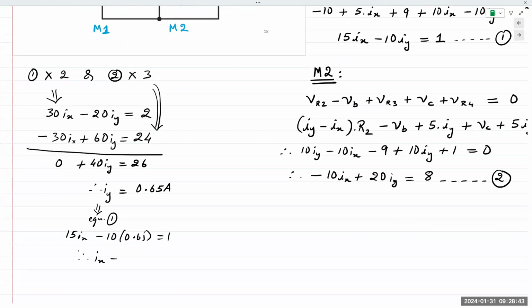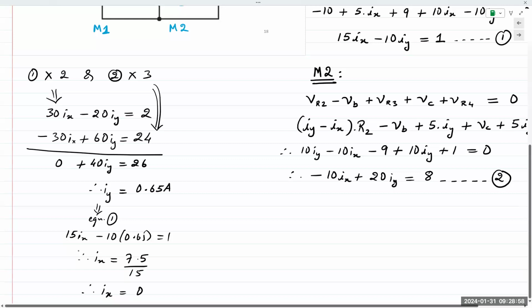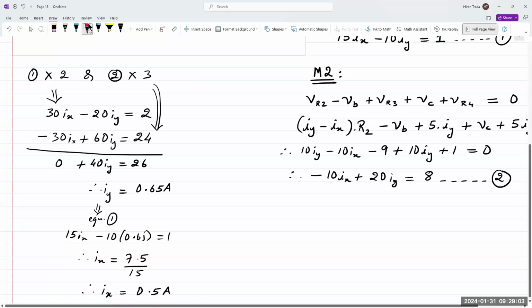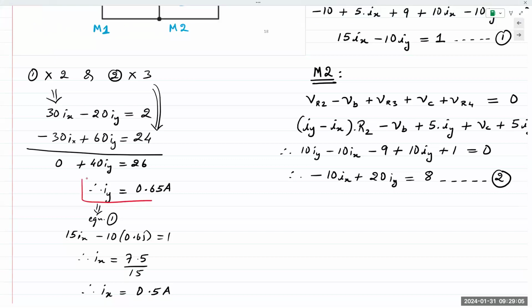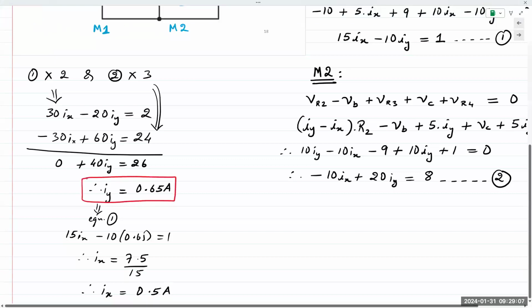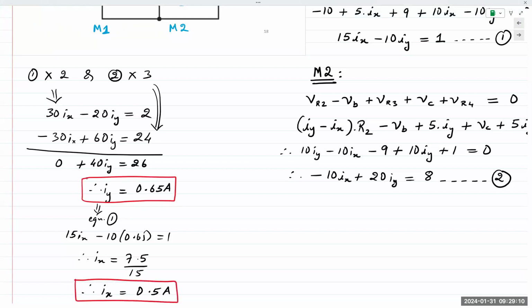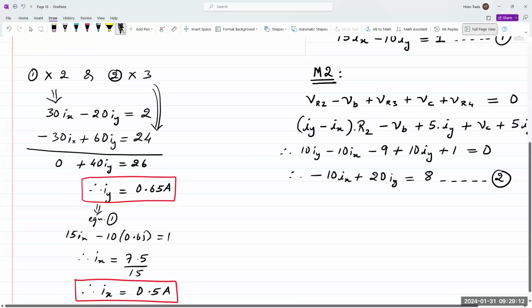Therefore, IX equals 1 plus 6.5, so 7.5 divided by 15. And therefore, IX is 0.5 amps. All right. Write it down, think over it. Let me know if you have any questions.